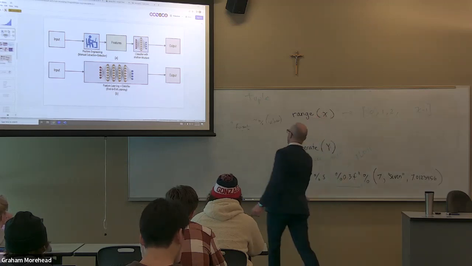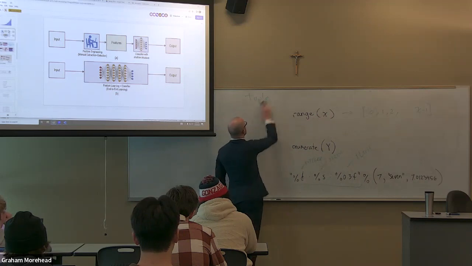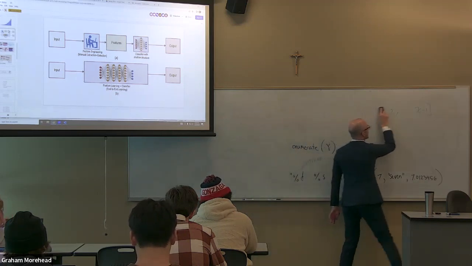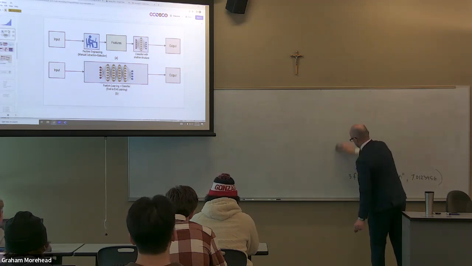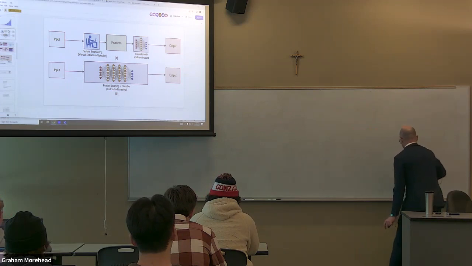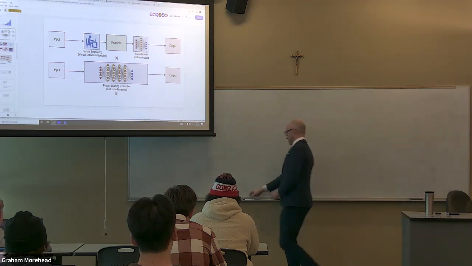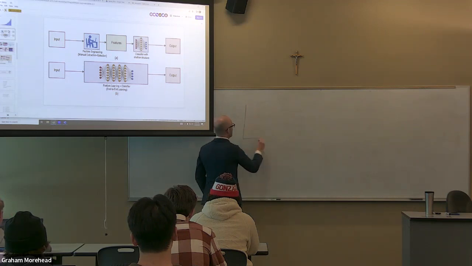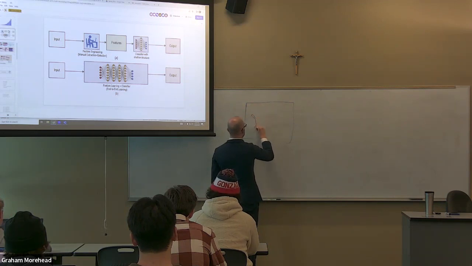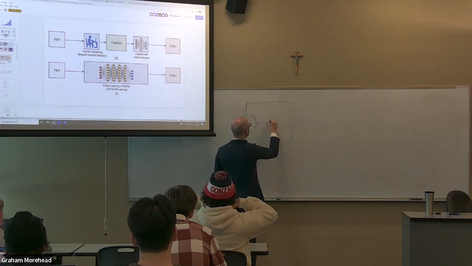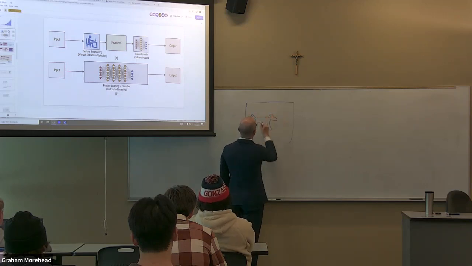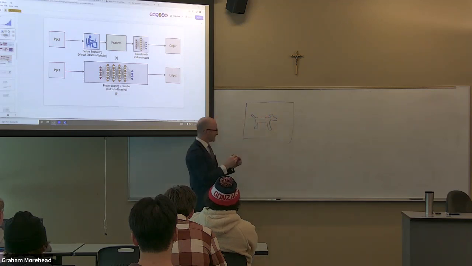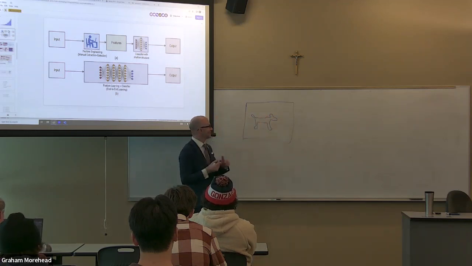For instance, if we have pictures, let's say we have a photograph and we're trying to decide if it's a dog or a cat, and I can't even tell, and I drew it.